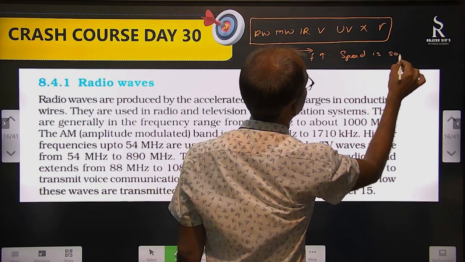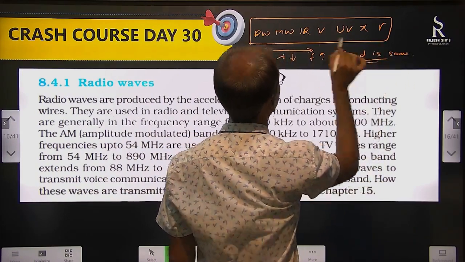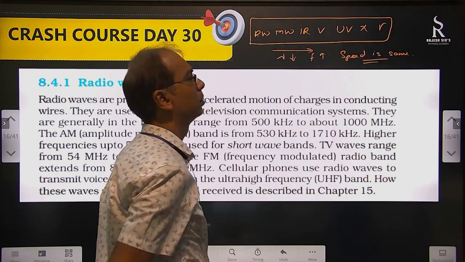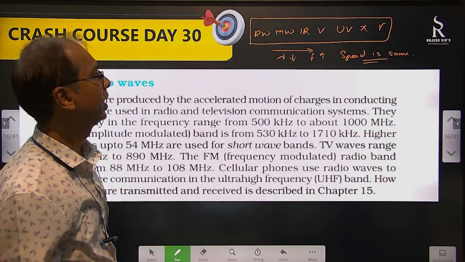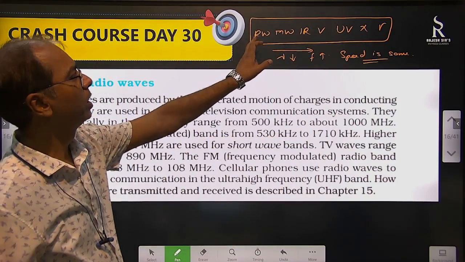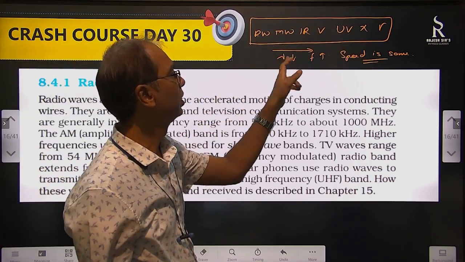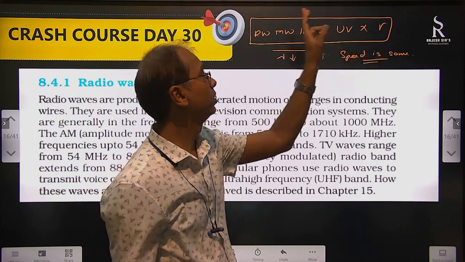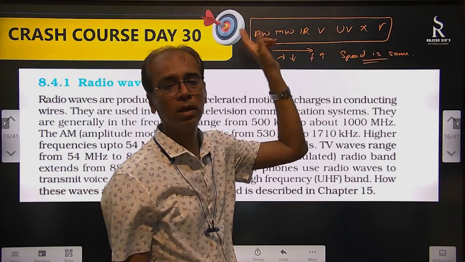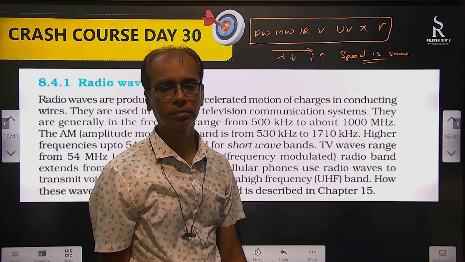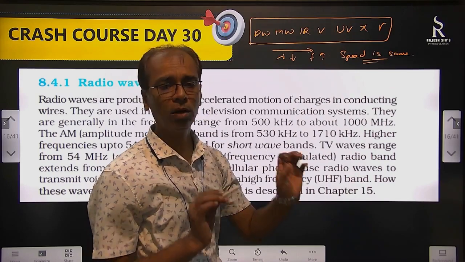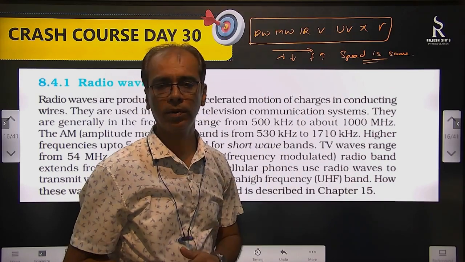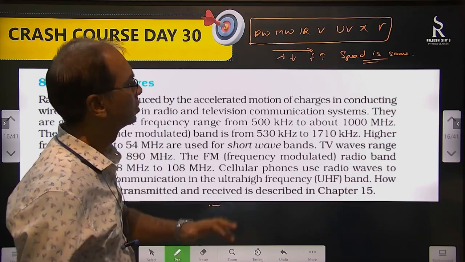All parts of this spectrum move with the same speed of light, but as you move from radio wave to gamma, wavelength is decreasing, frequency is increasing. That means energy is increasing. Gamma wave has a lot more energy as compared to radio wave. So that is one part.